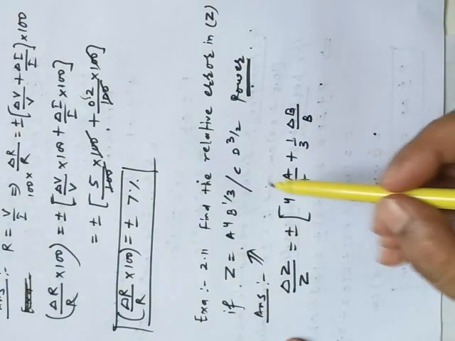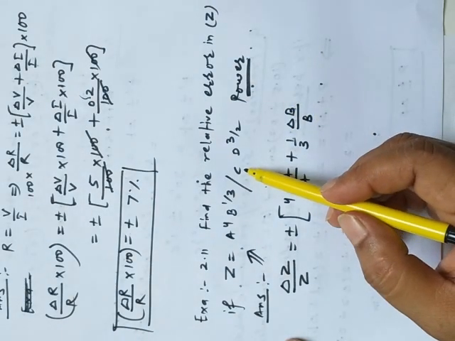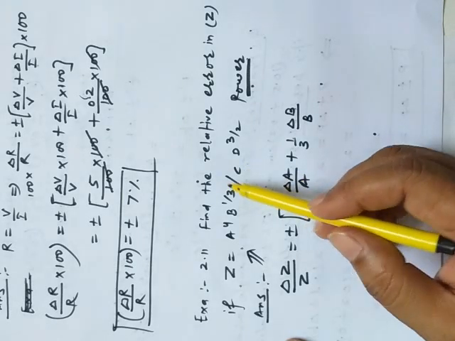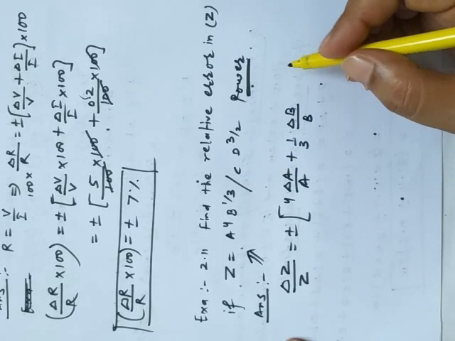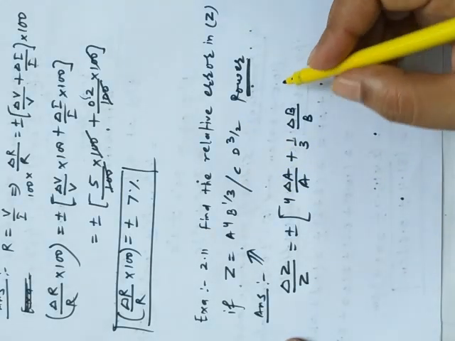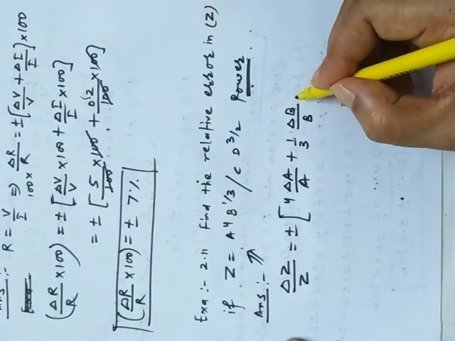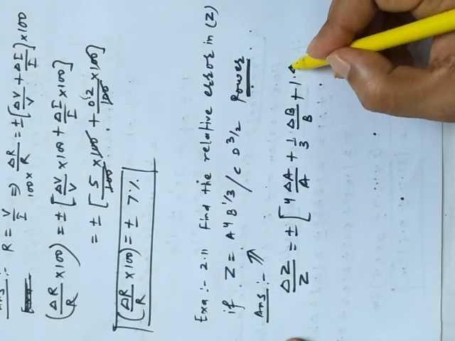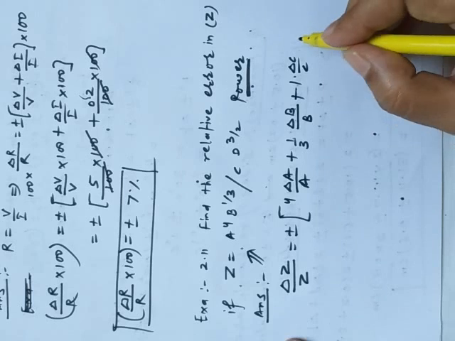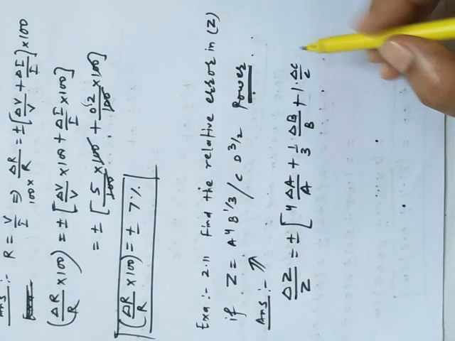Students, as we are taking the denominator into the numerator, that is c with the power of minus 1, but there is no meaning of the minus in this question, so we always use the plus sign, and when we multiply 1 with delta c upon c, it doesn't create any impact on the magnitude.